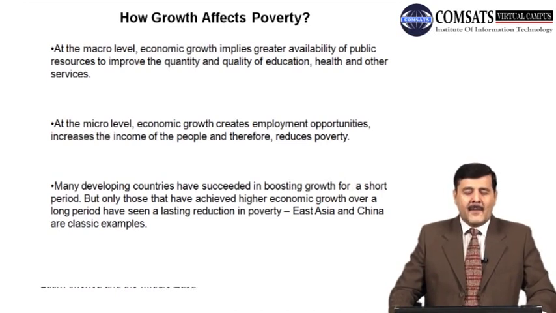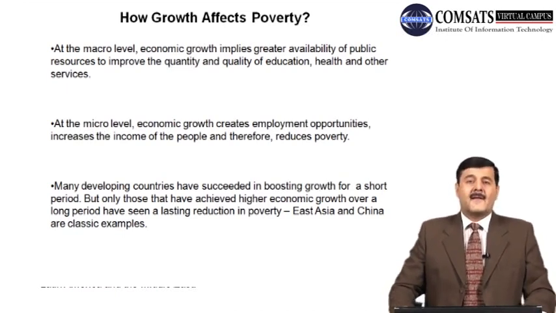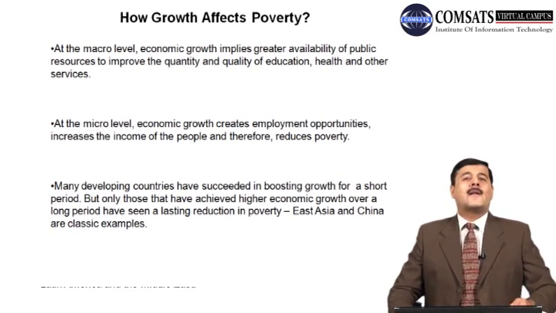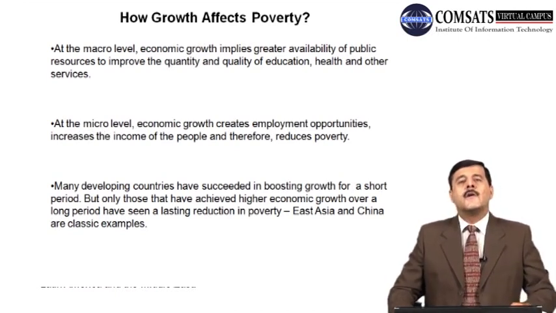Many developing countries have succeeded in boosting growth for a short period, but only those that have achieved high economic growth over a long period have seen a lasting reduction in poverty. For example, East Asia and China are the classic examples that have maintained long-term growth.